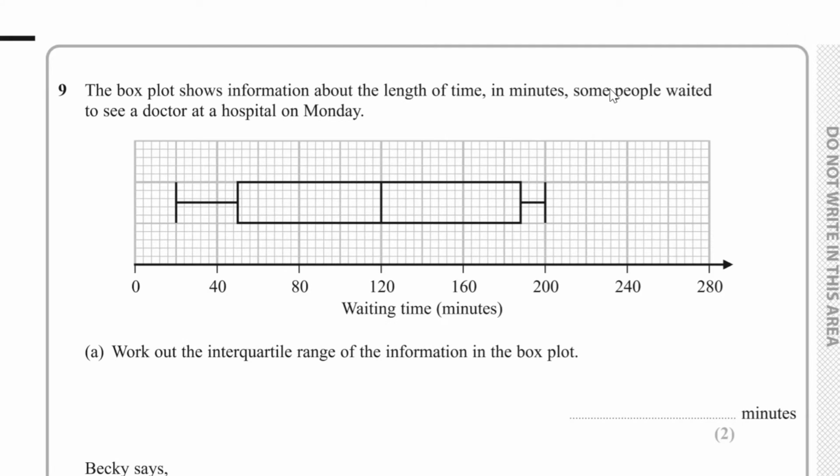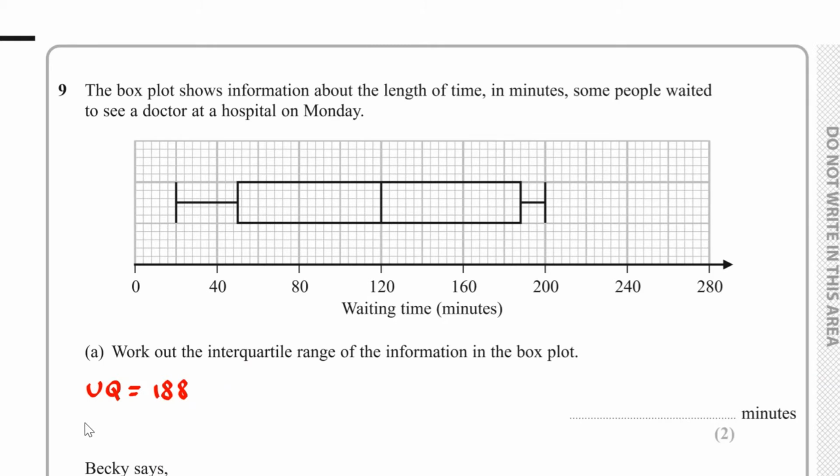Now for question 9, the box plot shows information about the length of time in minutes some people waited to see a doctor at a hospital on Monday, and for part A we have to work out the interquartile range of the information in the box plot. Well, we've got the upper quartile, which is 188, so the upper quartile is 188.